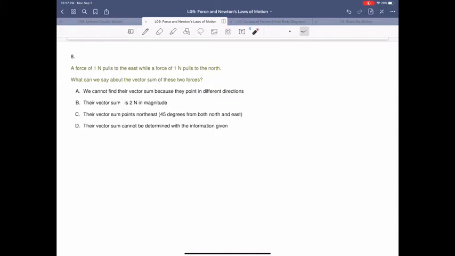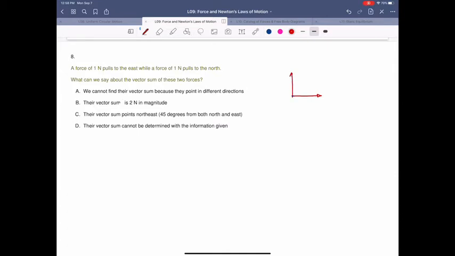Okay, so you've got two forces, let's say, acting on an object. One is a force which is acting to the east. So think about it, you've got an object being pulled by ropes, and one of the ropes is directed to the east, and the force that you're exerting on that rope is a 1 Newton force, and the other force acts to the north, same magnitude.